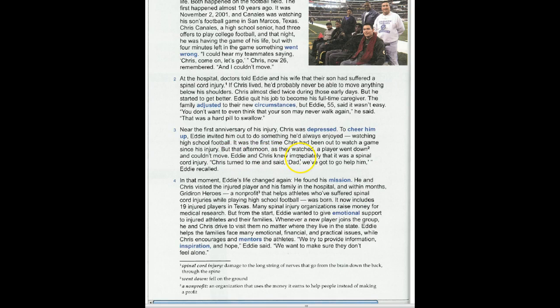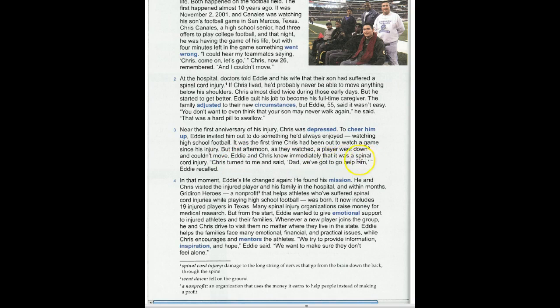"Eddie and Chris knew immediately that it was a spinal cord injury." "Chris turned to me and said, 'Dad, we've got to go help him,' Eddie recalled." Okay. So Chris had a spinal cord injury. Now he and his dad are at a high school football game.